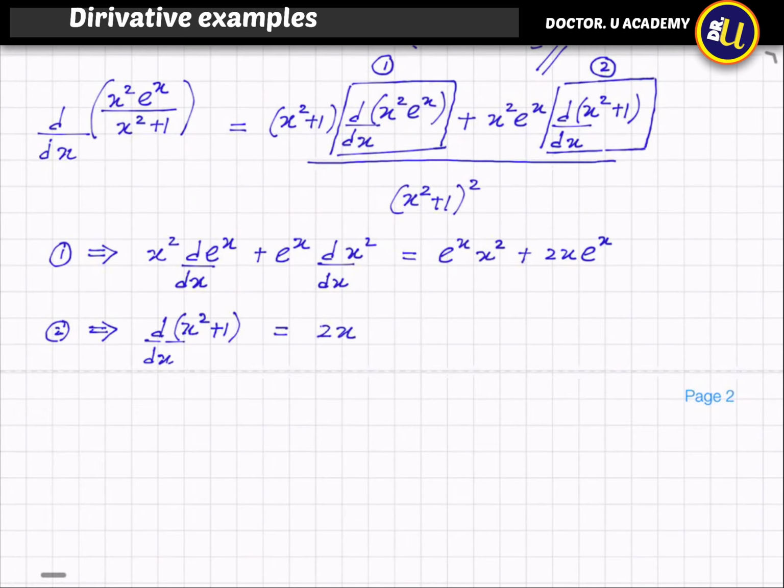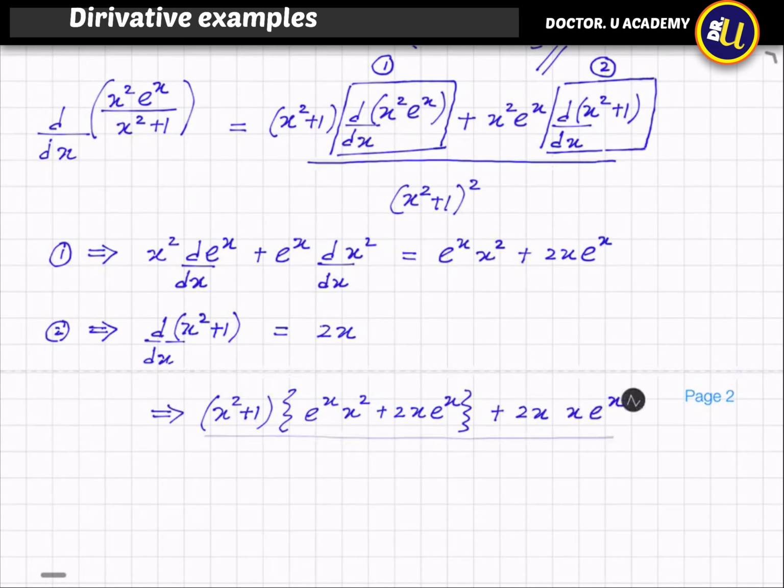So now what I can say, I can write now x squared plus 1, then I have e^x x squared plus 2x e^x, then I have 2x times e^x, the whole thing divided by x squared plus 1, the whole thing to the power 2.